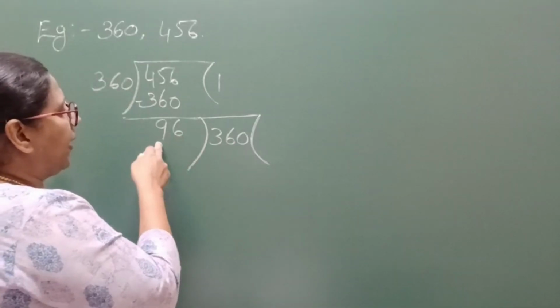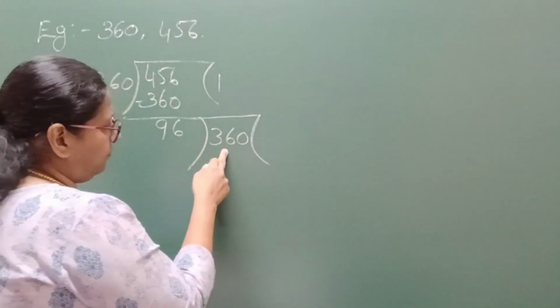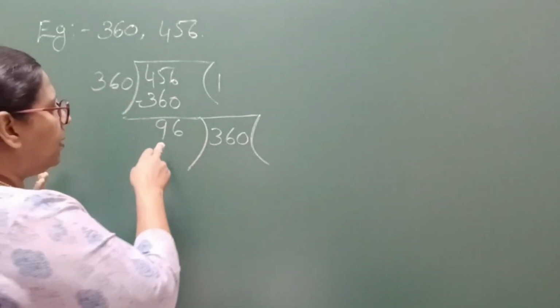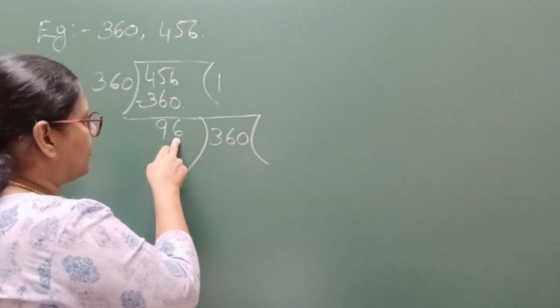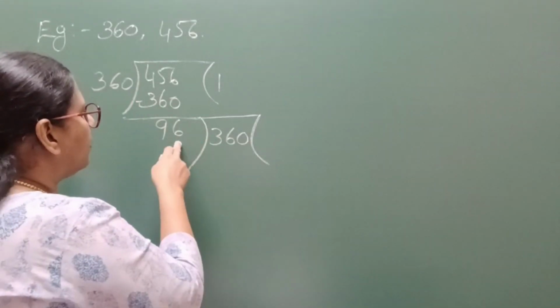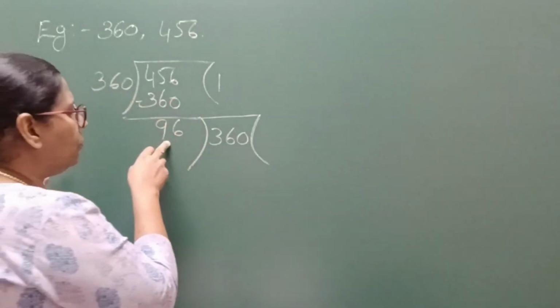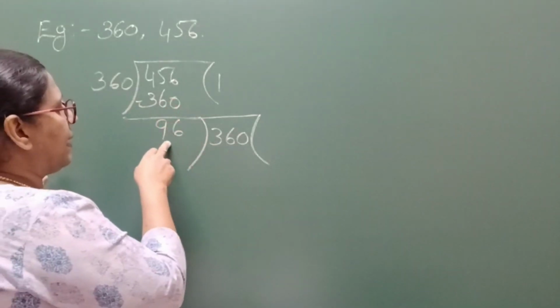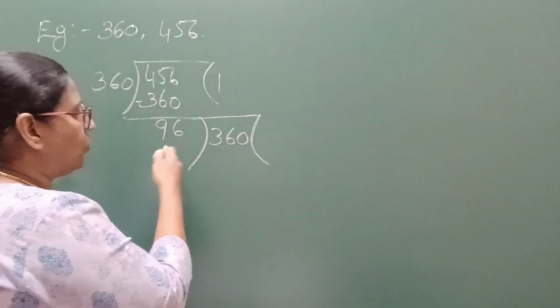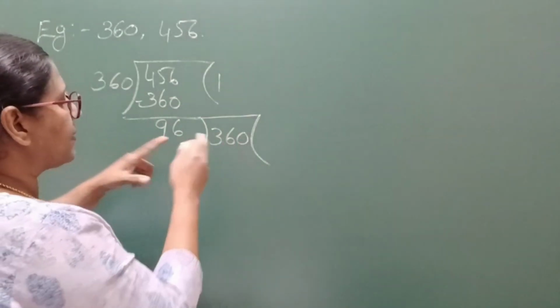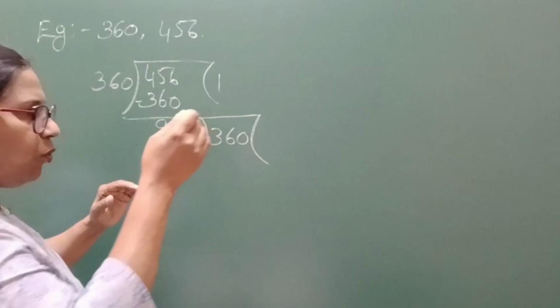4 9s are 36, but it is almost 100. This is 96, rounding off. When you do rounding off, this 96 becomes 100. So 4 9s are 36, but take 1 less.